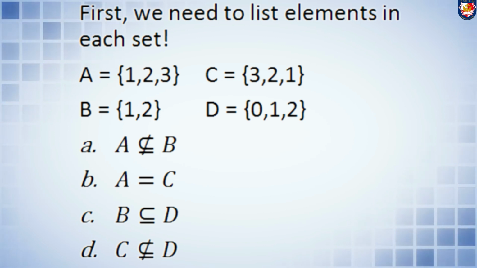Then we're going to define the relationships. Between A and B: the elements of A are 1, 2, 3, and the elements of B are 1, 2, which means B is a subset of A, B inside A. A is not a subset of B, because B is a subset of A. Next, between set A and set C: A is 1, 2, 3 and C is 3, 2, 1.